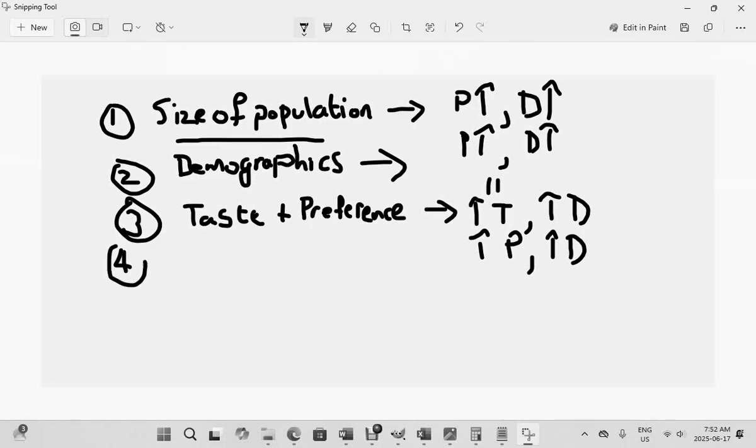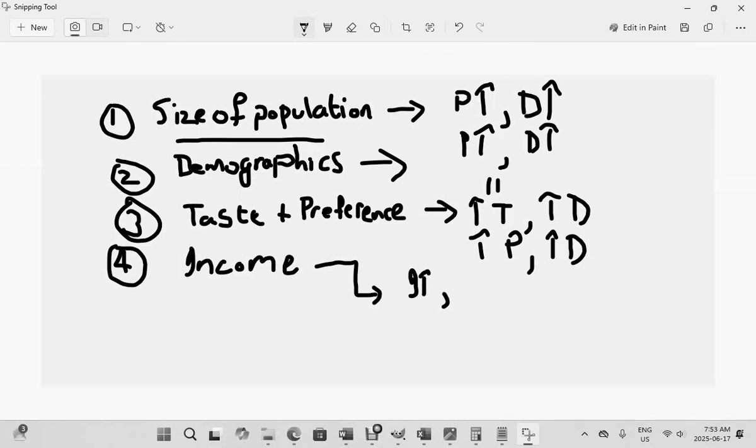Now, apart from that, you do have other factors that impact the demand of a product. And the other factor, since I talked about inferior and normal goods, is your income. So if the income of your consumer population goes up, obviously the demand for that product will go up.